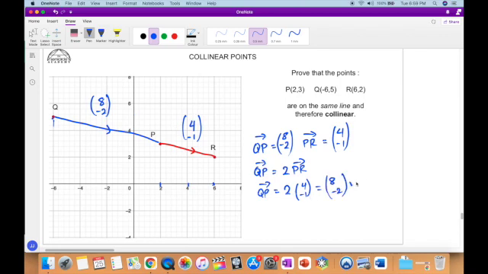So yes, they are scalar multiples of each other. So therefore A is equal to KB, hence they are collinear. Right? And look how easy that was.